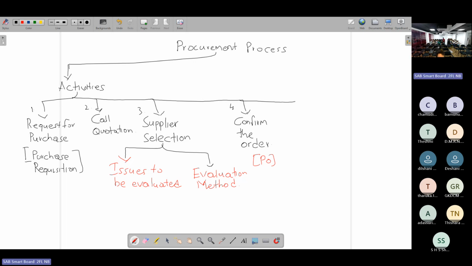Once we confirm the order, goods received. For that, what's the document we are using? GRN.